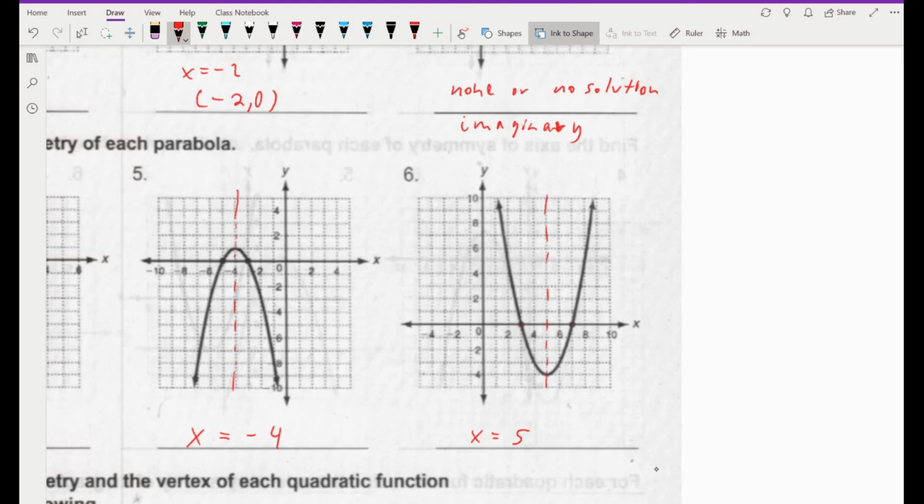By that I mean, if you look, one x-intercept here is 3, and the other one is 7. If you were to do 3 plus 7 and divide it by 2 to find the average, you would get 5. When you have two x-intercepts, the axis of symmetry is always the average of the two x-intercepts.